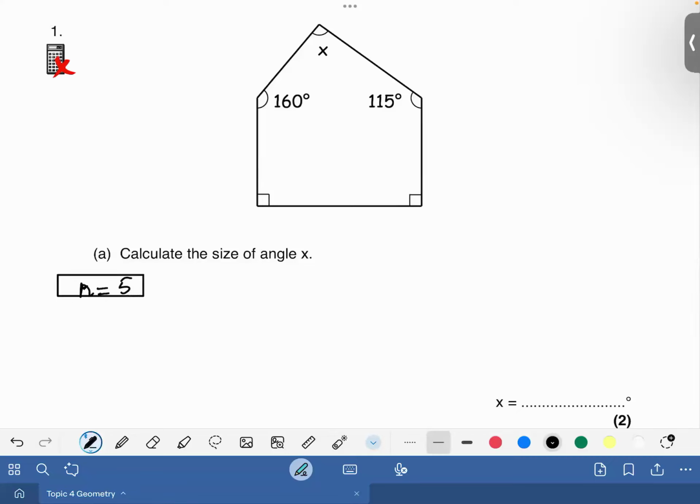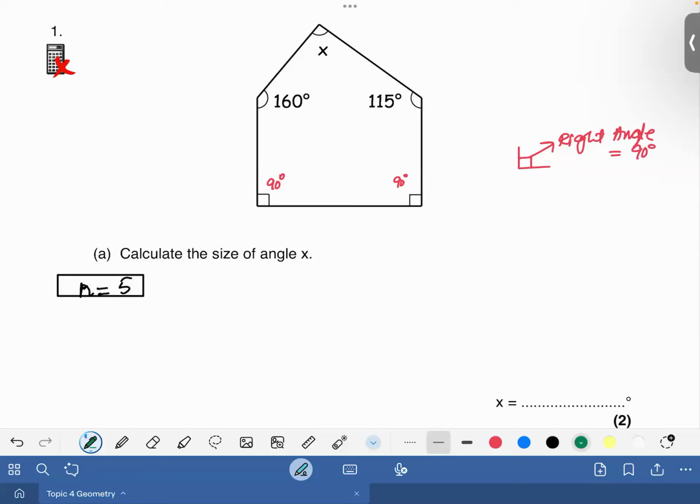Agree? Because the number of sides in this shape is 5. These two boxes mean right angles. This box means right angle, and a right angle in maths is 90 degrees each.